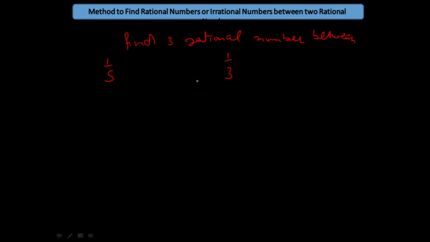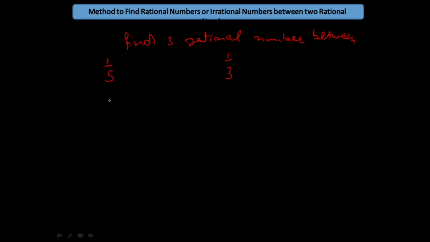Now, how can we find that? The authentic method, or the method we are using in your syllabus, in your grade, is this one. First, we have to make the denominator the same. For that purpose, I'm going to take the LCM. What is the LCM of 5 and 3? That is 15. Now, how can I make it 15 here?